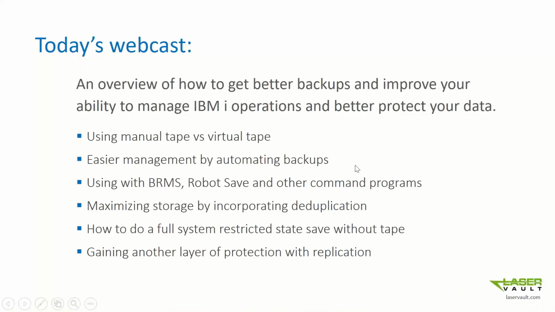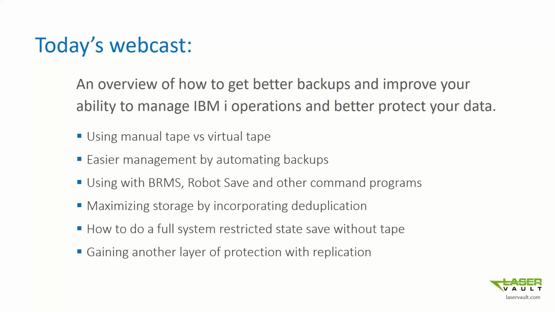So today's webcast, we have an overview of how to get better backups, improve your ability to manage your IBM i operations, and better protect your data. We're going to talk about using manual tape versus virtual tape, easier management by automating your backups, how you can use a virtual solution with BRMS, Robot Save, and any of the other Go Save commands on the IBM i platform.